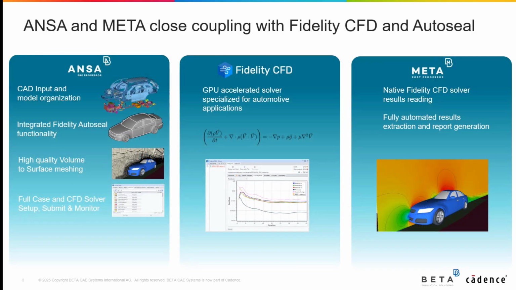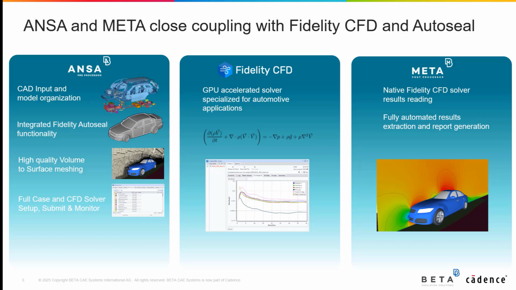A big benefit is that both Answer and Meta are tightly integrated with Fidelity CFD and also with Fidelity AutoSeal. This means that our users can now have the complete solution, from CAD input to results reporting. We start with Answer, where we can input and organize our model, then use Fidelity AutoSeal, now fully integrated inside the Answer environment, then create a high-quality Hexstream volume mesh and set up the full CFD case for Fidelity CFD, all inside the Answer environment.